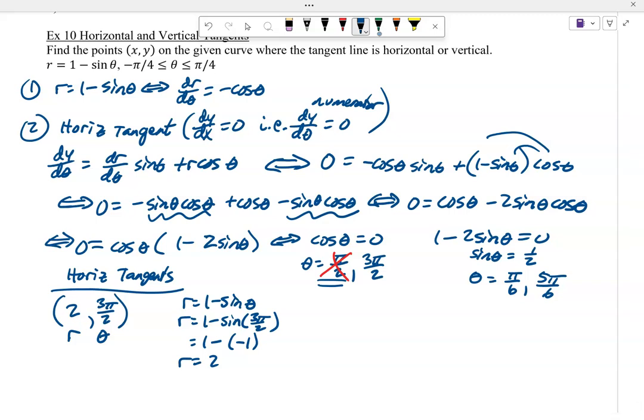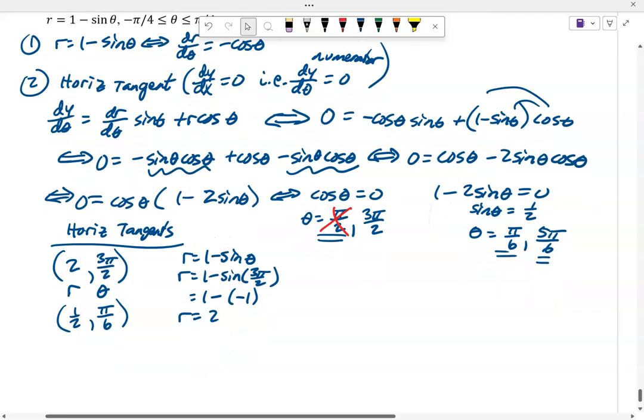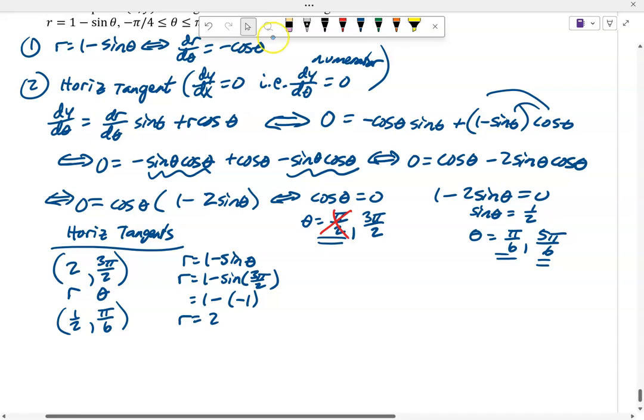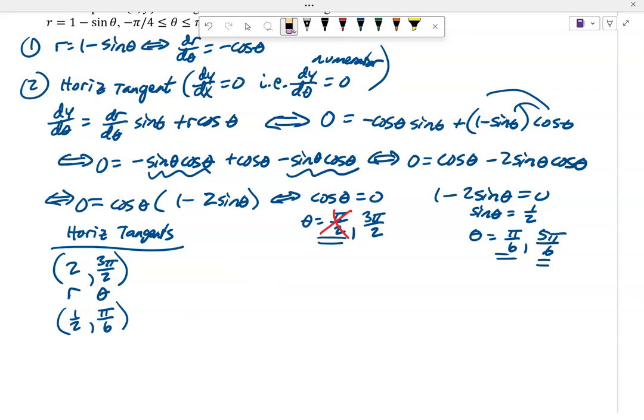Then I do the same thing for pi 6 and 5 pi 6. So I plug in pi 6 for theta, and that ends up being a half, and 5 pi 6 as well. And these are my horizontal tangents.